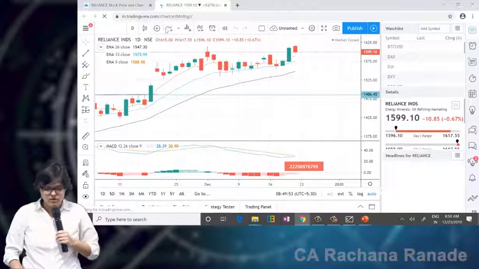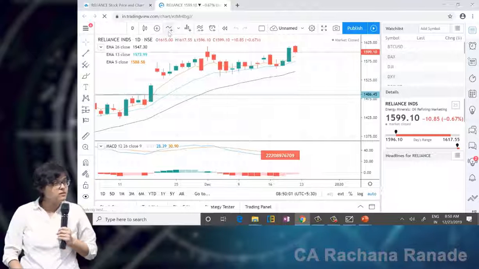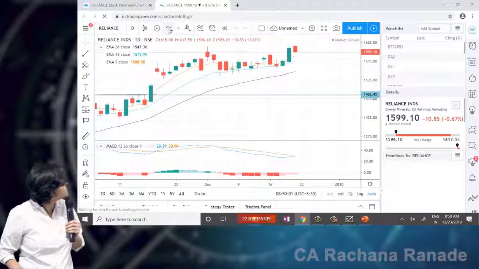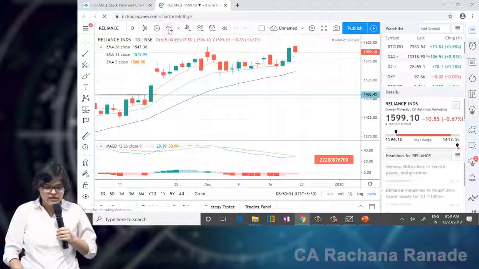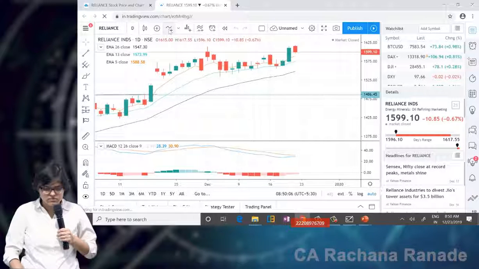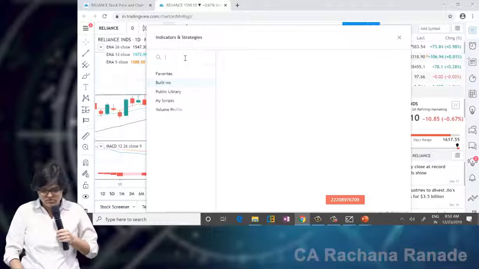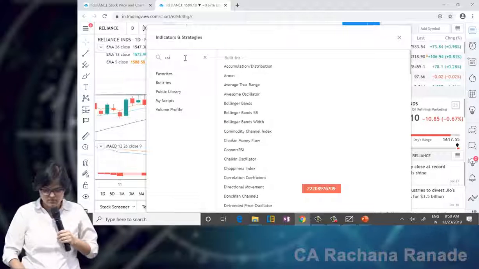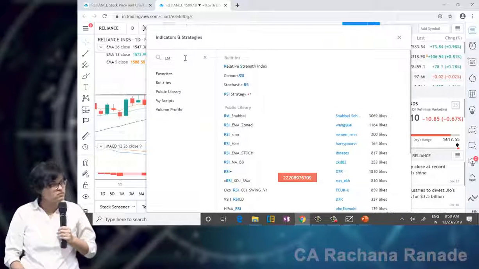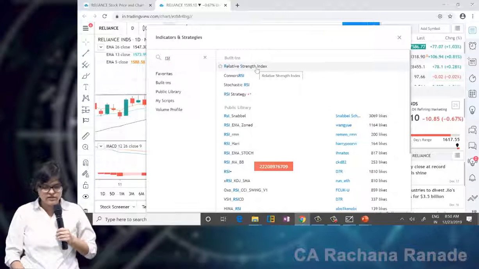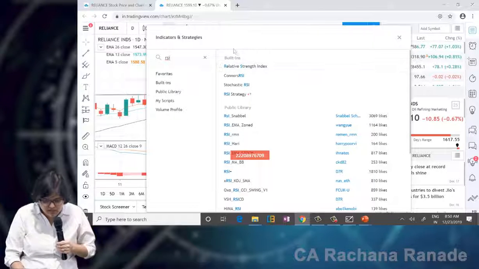Okay. How do I add RSI? Again, it's an indicator. This sign again. Click. RSI, Relative Strength Index.